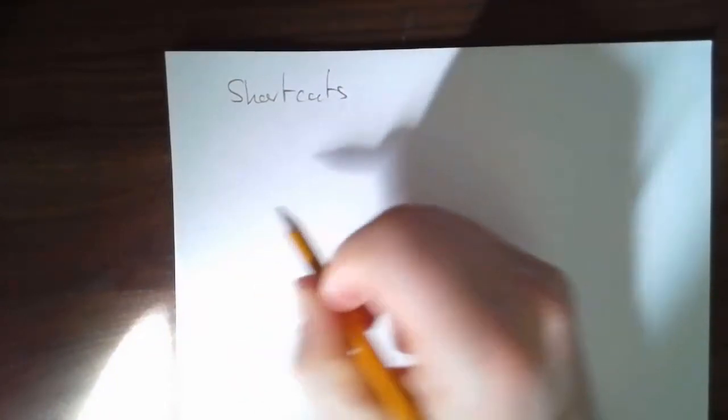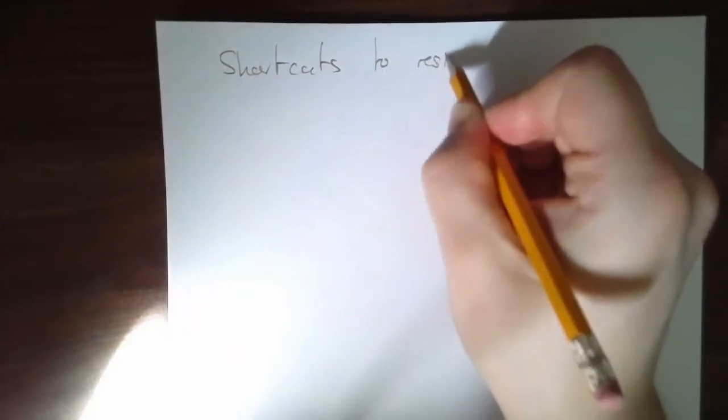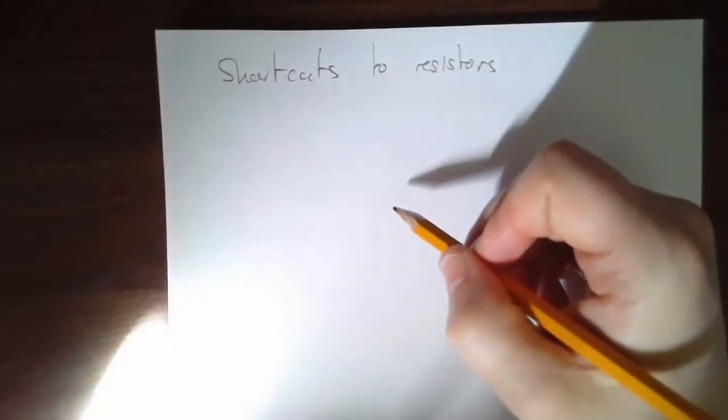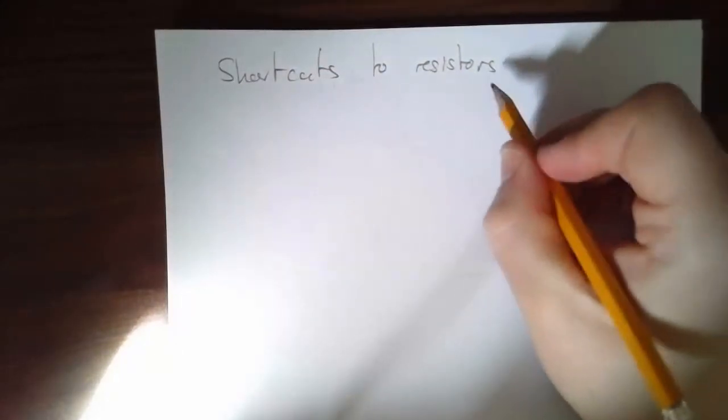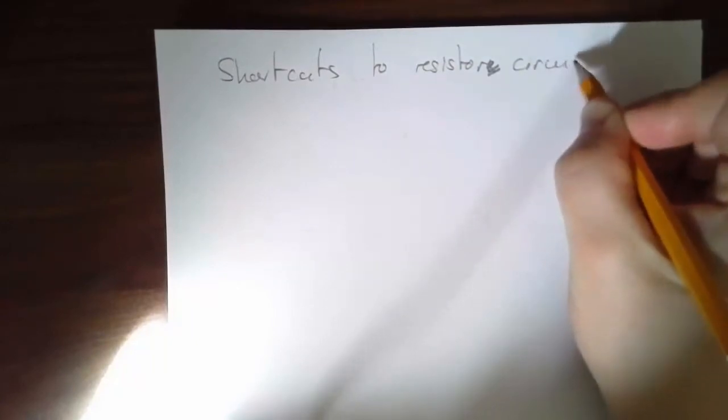Alright, so there are essentially two tricks or shortcuts to analyze resistor circuits. They just follow from what we've already talked about. They concern resistors that are in parallel or in series.